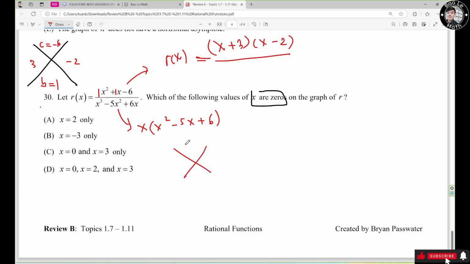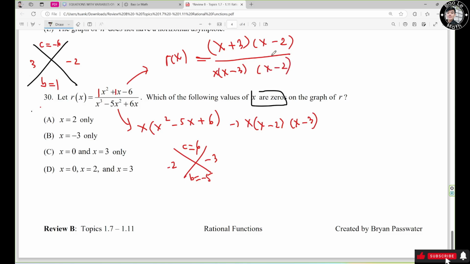I put C equals 6 and B equals negative 5. So two numbers that multiply to 6 and add up to negative 5 are negative 2 and negative 3. So this turns out to be s times s minus 2 times s minus 3. I put it over here, s times s minus 3 times s minus 2.